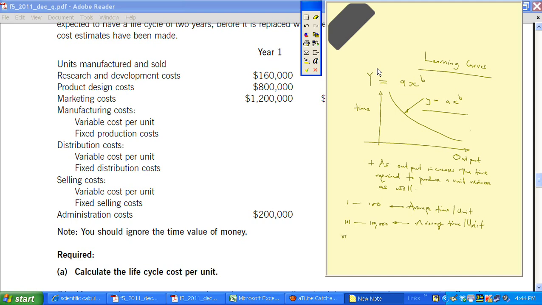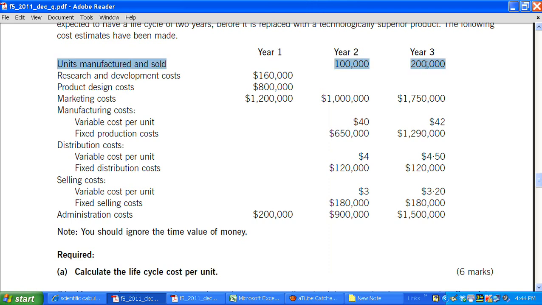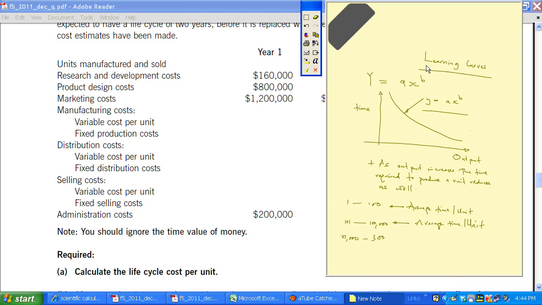Then from 101,000 to, remember in year 3 we're going up to 200,000, so the total should be 300,000. So we need another time per unit. So that is the basic concept. So let's try and get those individual times. Once we have those, we multiply by the unit costs per hour per unit of time.